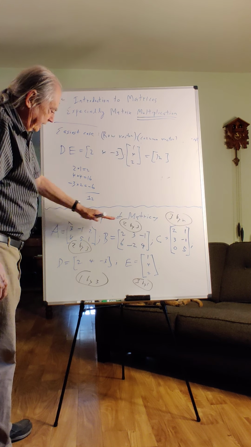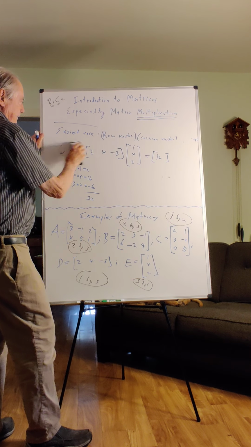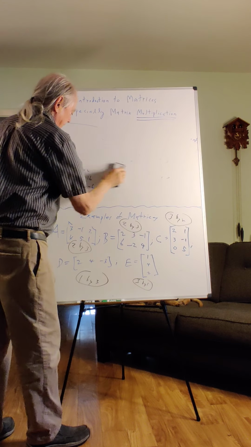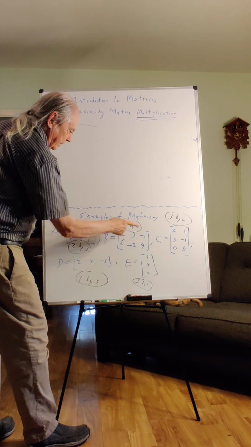Now let's look at A times C. This is the general case. I'll multiply this matrix and this one.